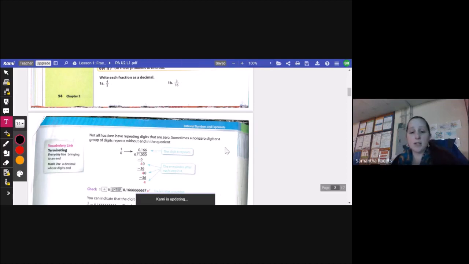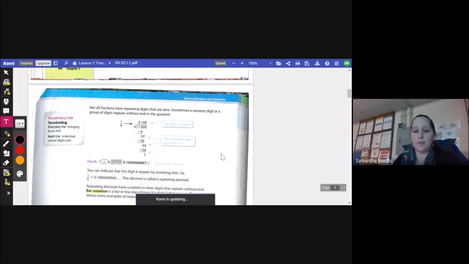Sometimes a non-zero digit or group of digits repeats without end in the quotient. So for 1/6, I divide 1 by 6, and I get 0.166. If I keep going, I'm going to continue getting 6s forever and ever. Now, if you put that in a calculator and do 1 divided by 6, you'll get 0.1 with a bunch of 6s and then a 7.